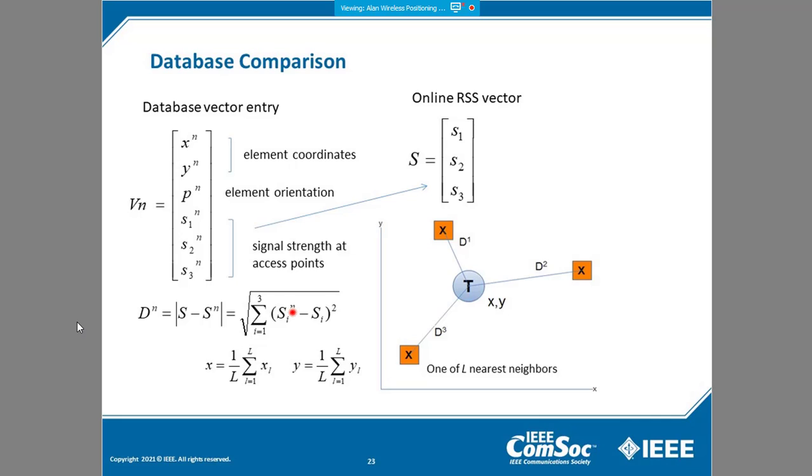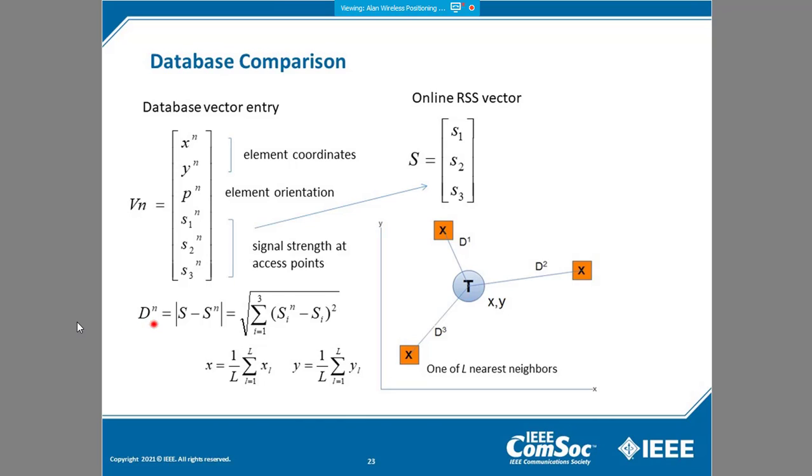For a given n, which is constant, you would get the sum of 3 different values, the square root of the sum of 3 different measurements of signal strength from the 3 different access points plugged into here, and this would give you the so-called distance, not as far as a physical distance.